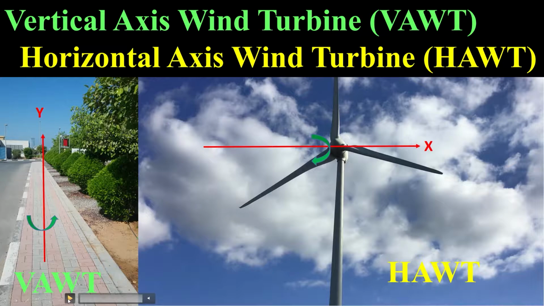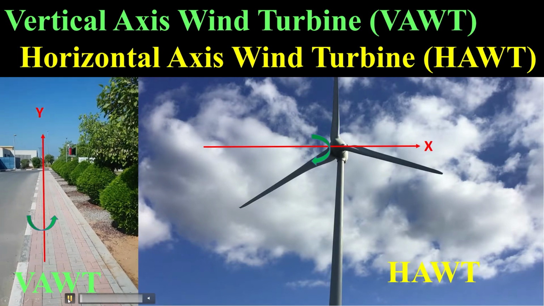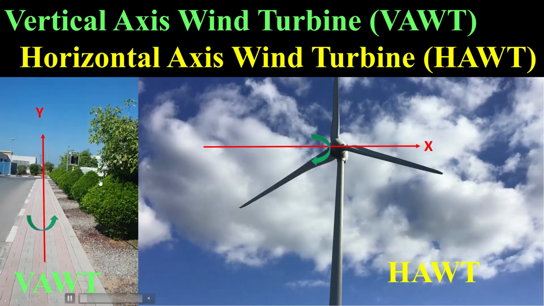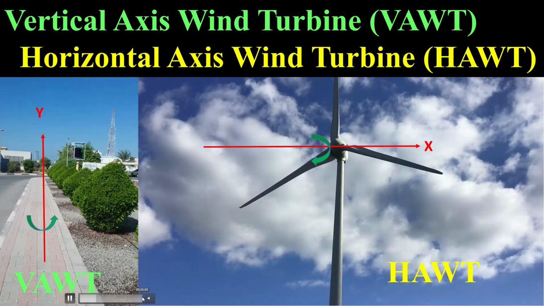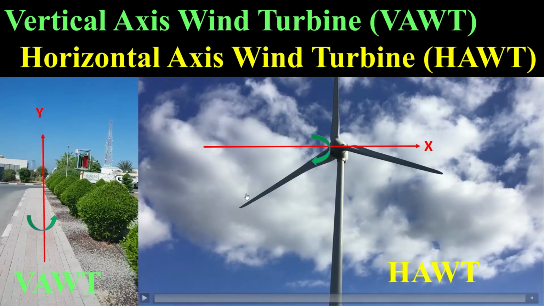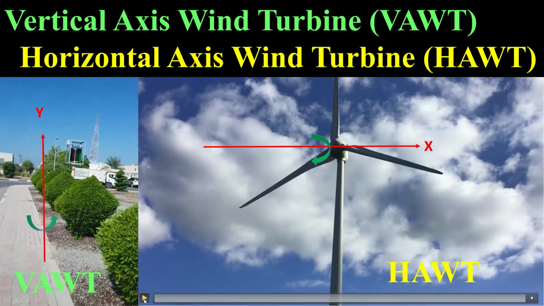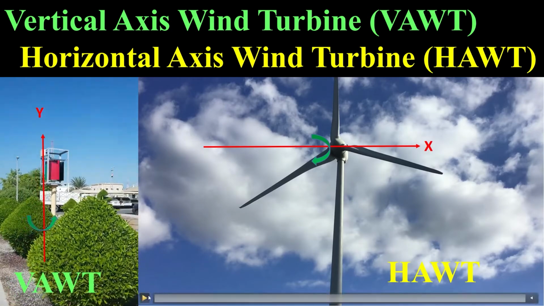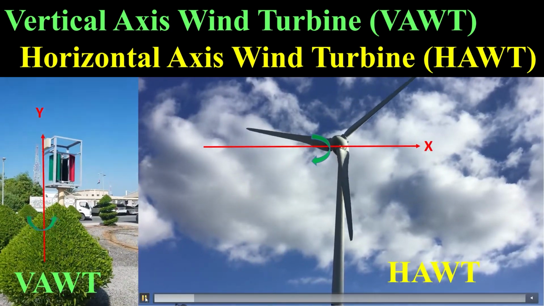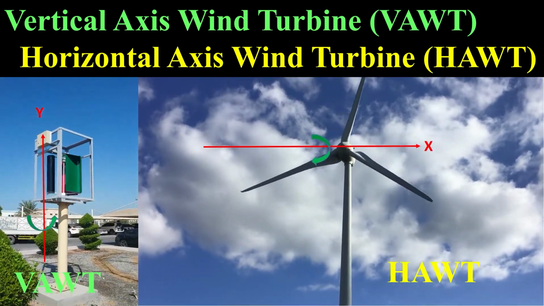The first one, vertical axis wind turbine. The second one, horizontal axis wind turbine.